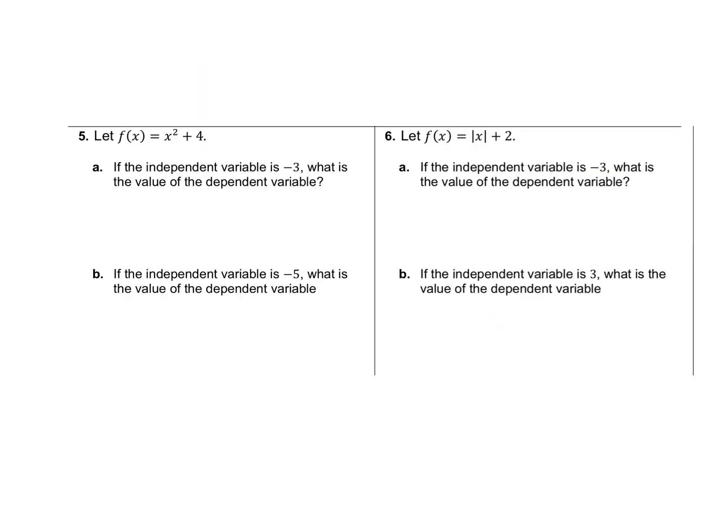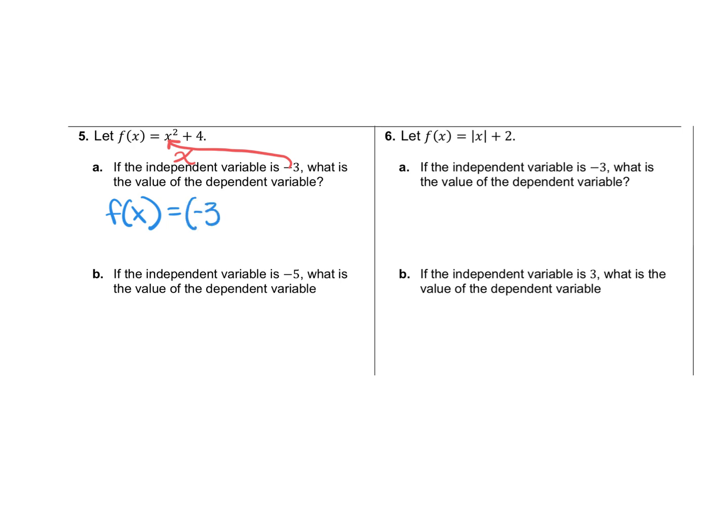All right, example number 5. Let f of x equal x squared plus 4. So the independent variable, again, independent variable is our x, is negative 3. We're going to plug that in here. Now, I do want to remind you that when you've got a negative number that's assigned to a variable, and especially when it's squared, you do have to have parentheses around it, because that is going to make it different than if you didn't have the parentheses.